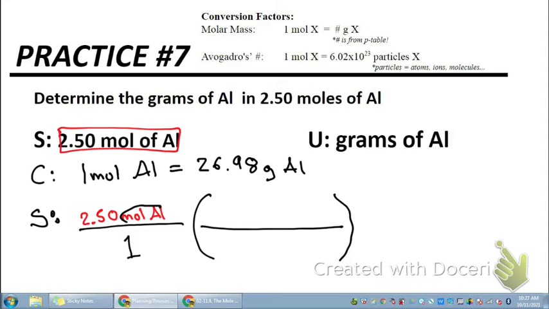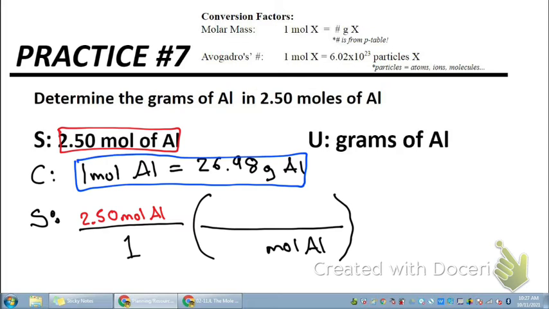So what's on top must come down. That means we need to have moles of aluminum on the bottom. But how many moles of aluminum? Well, let's look at your conversion factor. 1 mole of aluminum is what we need to use because the other side is in grams and we need moles of aluminum. So 1 mole of aluminum on the bottom.